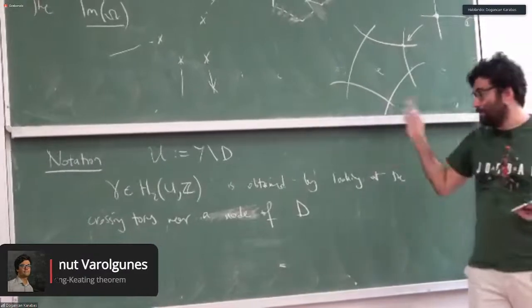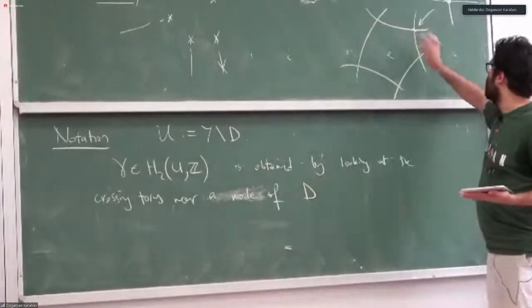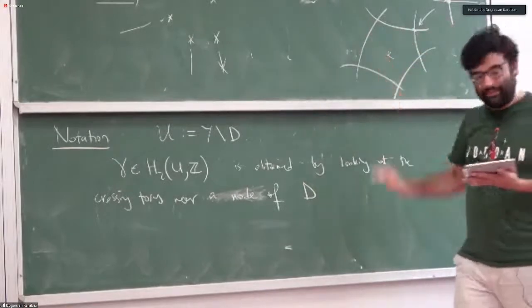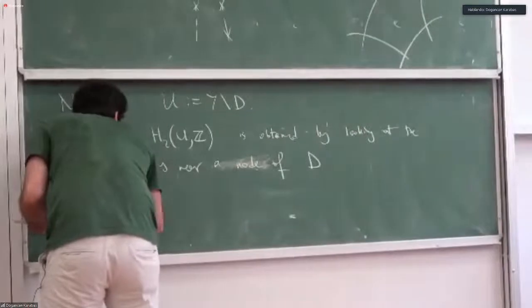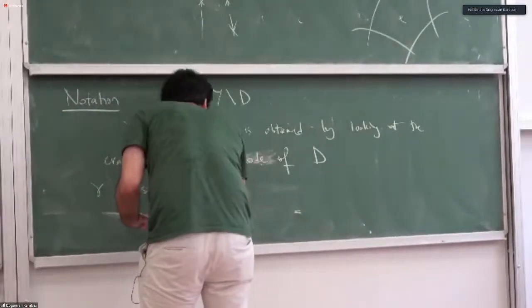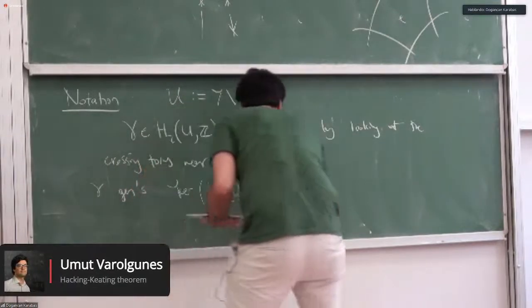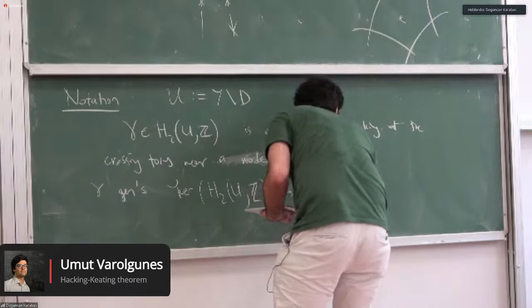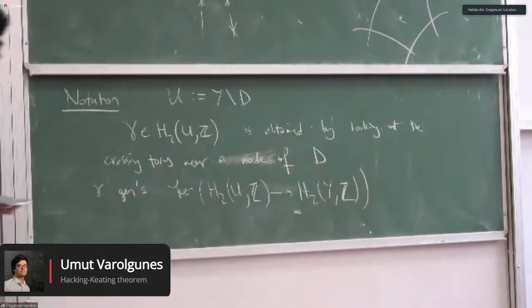Okay, so that gamma is that homology class. You might say maybe it depends on which crossing I choose, but it doesn't, because you can characterize this class as gamma generating the kernel of H2(U, Z) to H2(Y, Z). It's the class that dies in H2 when you compactify.